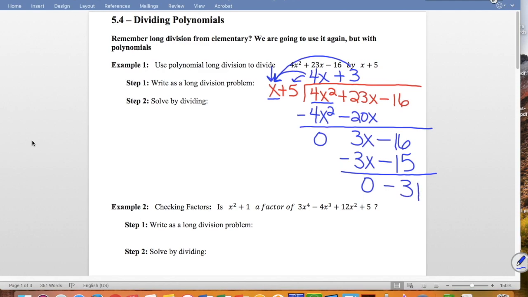So when I divide, my answer becomes 4x plus 3 with a remainder of negative 31. Yes, we're going back to remainders. So you could say 4x squared plus 23x minus 16 divided by x plus 5 equals 4x plus 3 with a remainder of negative 31.